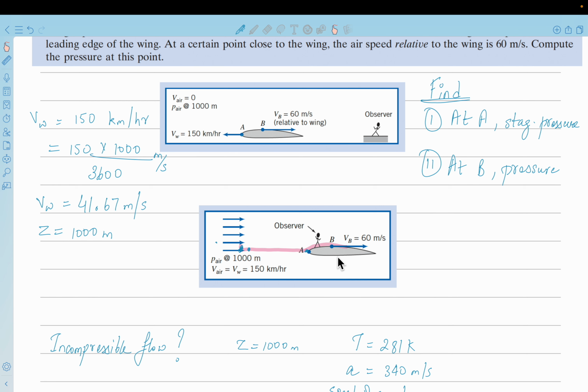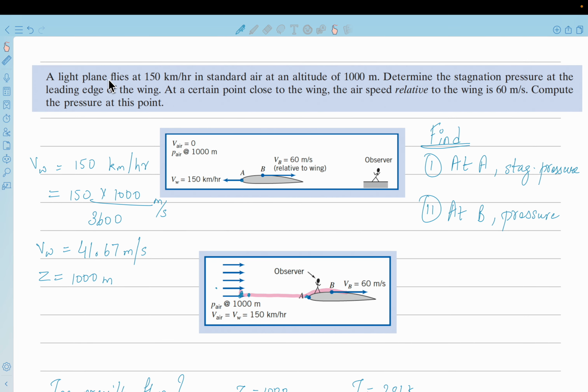And another important thing is the frame which is moving in time, it is moving with constant velocity. See, the light plane flies at 150 kilometers per hour. Nowhere it is said that it is accelerating. So I can assume, it's a fair assumption, there is no acceleration. So this new frame of reference is also an inertial frame of reference.